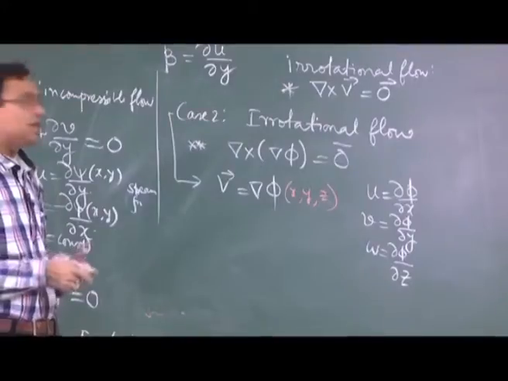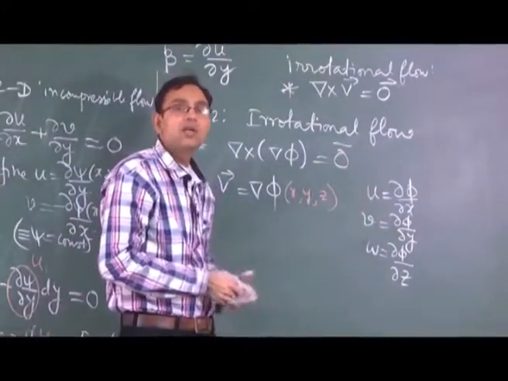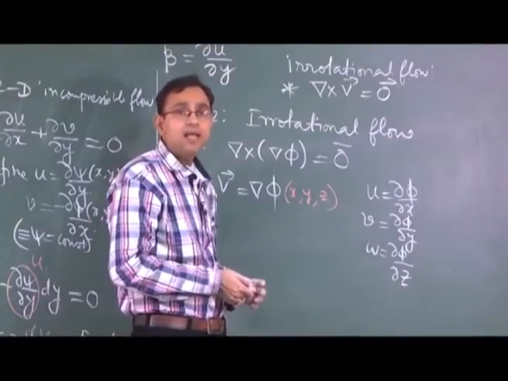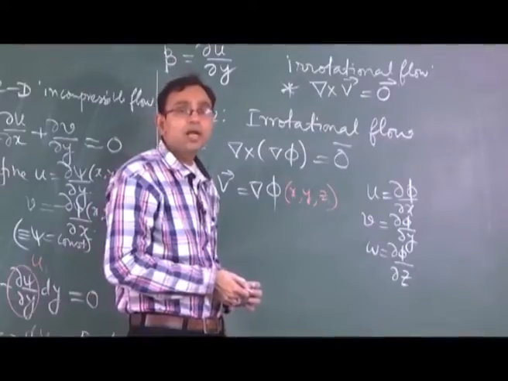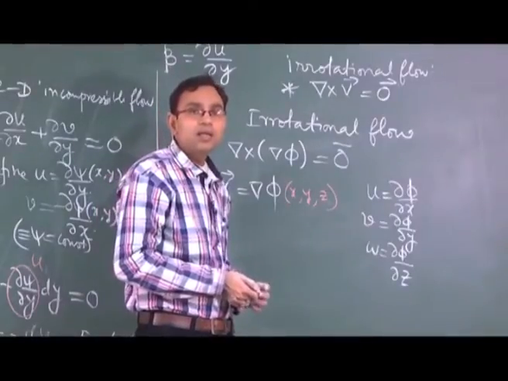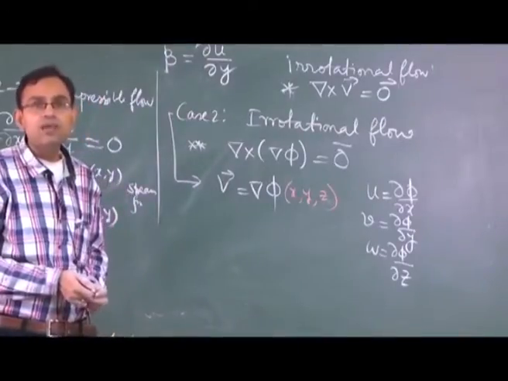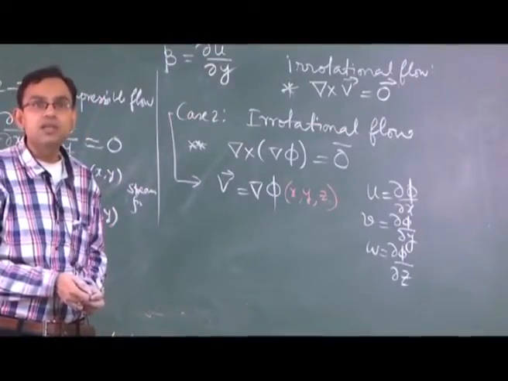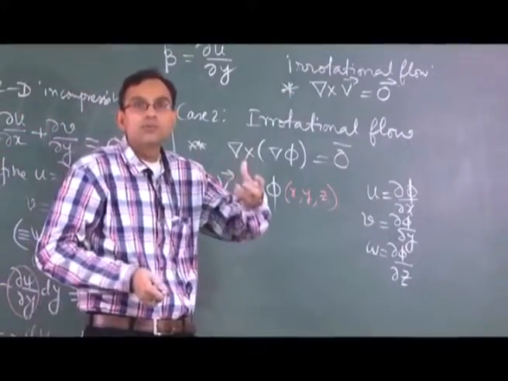So, this exists only if the flow is irrotational, and an irrotational flow will remain irrotational forever if certain effects are absent, and one such effect is viscosity, because viscosity can bring rotationality in the flow.